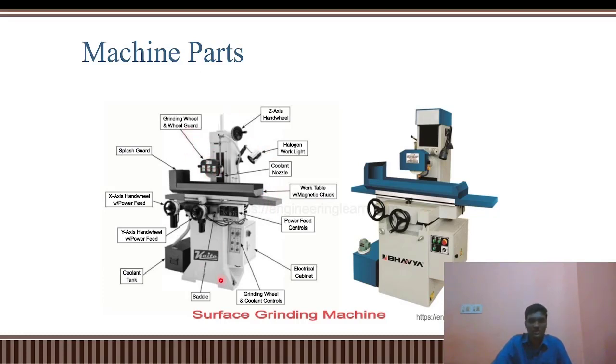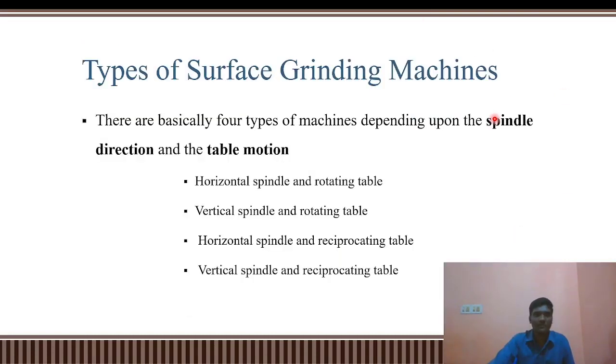In this machine the spindle orientation is horizontal, and we can find a hand wheel for up-down motion, that is the z-axis, a hand wheel for longitudinal motion, that is the x-axis, and a hand wheel for y direction motion. These are the basic parts available on every such machine. And this is the typical surface grinding machine we can see on the right side, which I have highlighted. Let me move on to the next thing.